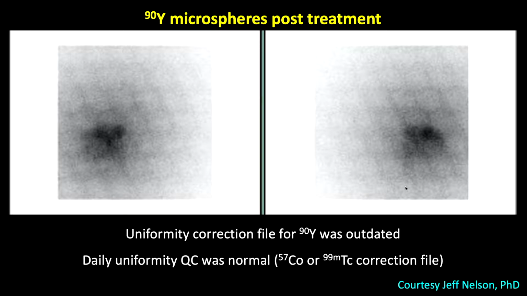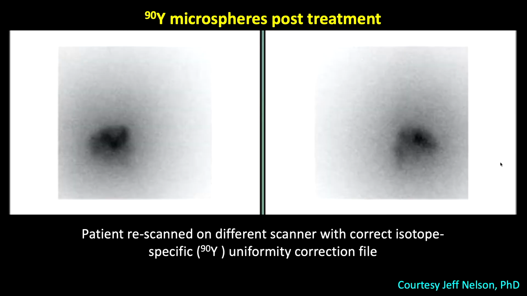It has the honeycomb shape of the collimation. So it has to do with the linearity correction because the energy is different from what the uniformity was calibrated at. So now if you had the correct uniformity correction file for the yttrium-90, then it's all uniform, and then you lose that artifact.